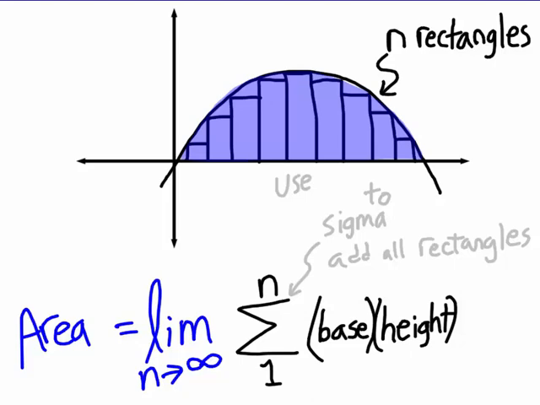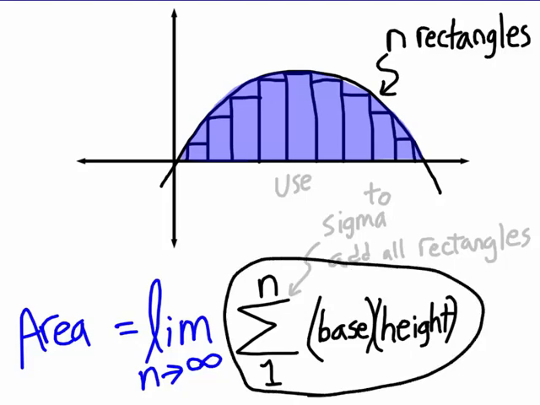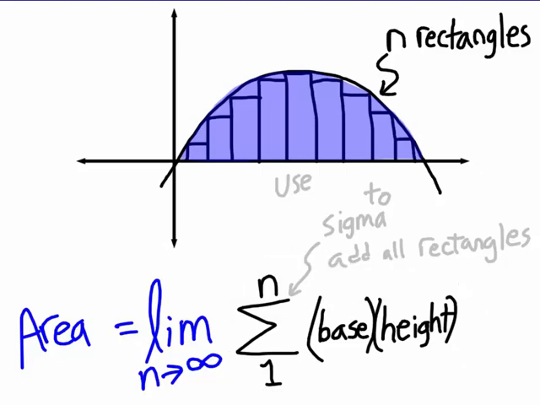So I repeat, just adding up a finite number of rectangle areas, no matter how big n gets, that will just give you an approximation. But once you take the limit and let n approach infinity, that's when you can get the exact area of that shaded region underneath the curve there.